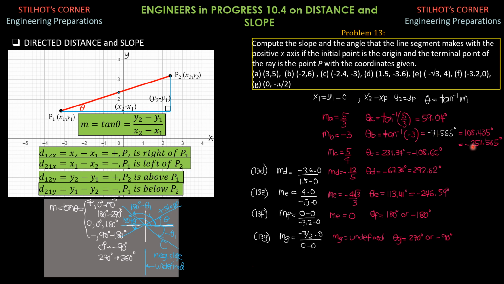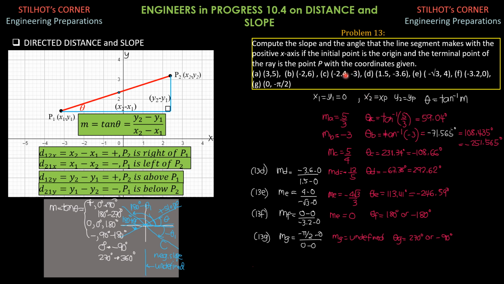The other way is in clockwise manner: negative 180 plus negative 71.565, which is negative 251.565 degrees. So in clockwise direction from the positive x-axis, that line from the origin to this terminal point makes an angle of negative 251.565 degrees, or in standard position a positive angle of 108.435 degrees.